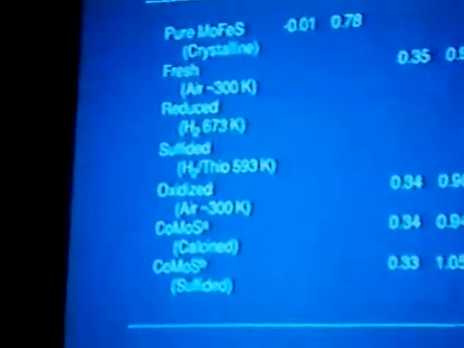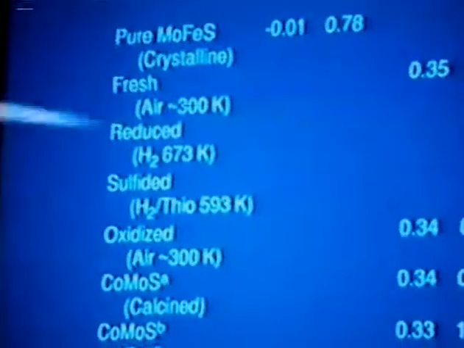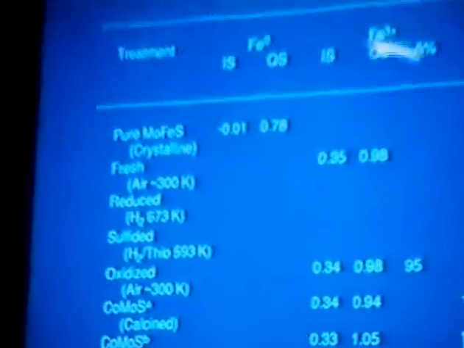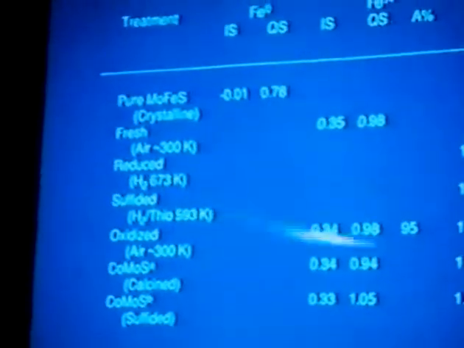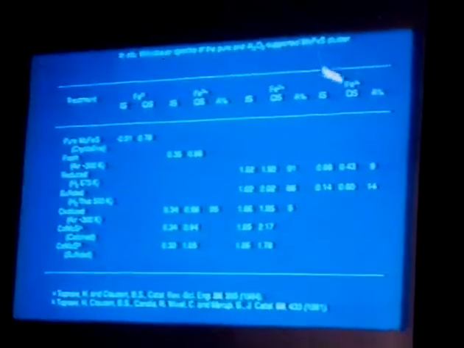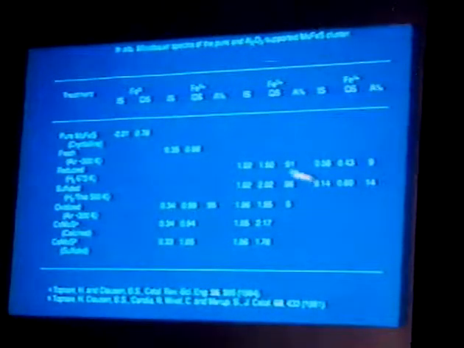We also looked at the behavior as we either calcine or sulfide these catalysts. You'll see, again, starting with the pure cluster, when we put it onto the support and expose it to air at room temperature, we notice the presence of iron 3+ high spin. When we reduce this in hydrogen at about 400 degrees C, we notice the gradual emergence of a second species, iron 2+, and a small contribution from a species that we've, for convenience sake, called iron delta+.